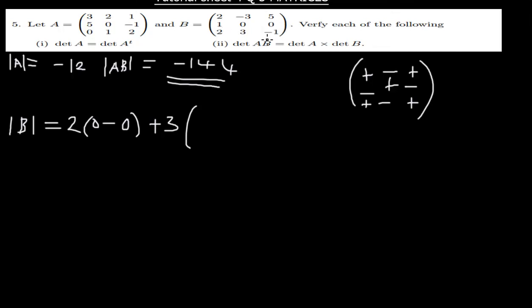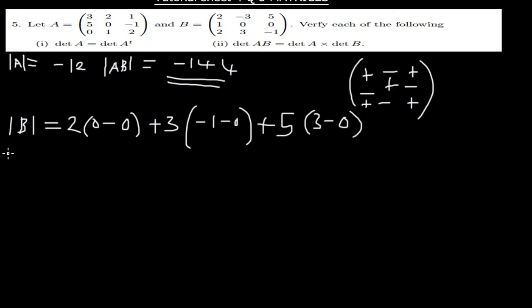So we multiply 1 times negative 1, you get negative 1. And then 0 times this 2, you get 0, minus 0. And then this positive times 5, you get plus 5. And then open brackets, 1 times 3, you get 3. And then minus 2 times 0, that is going to be 0.